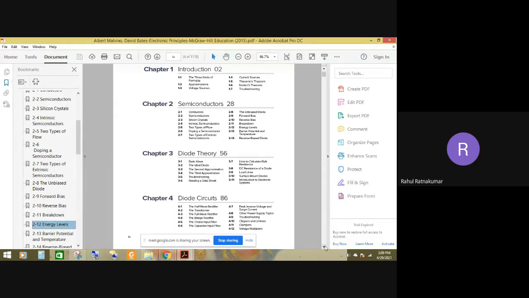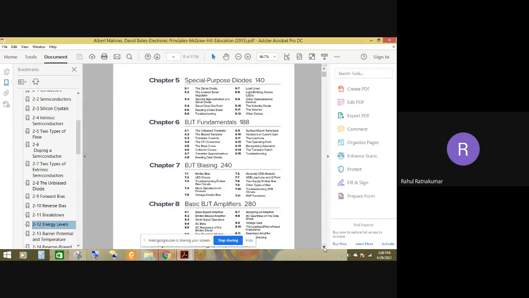Then diode circuits, and we will be discussing a somewhat deeper level of circuits in the class. If you follow this book and the class, it will be sufficient, at least for the first 3 or 4 modules. For the last module, I think some communication and signals part has been added to your syllabus, and maybe some instrumentation part will be discussed, and I will share the proper material or books later.